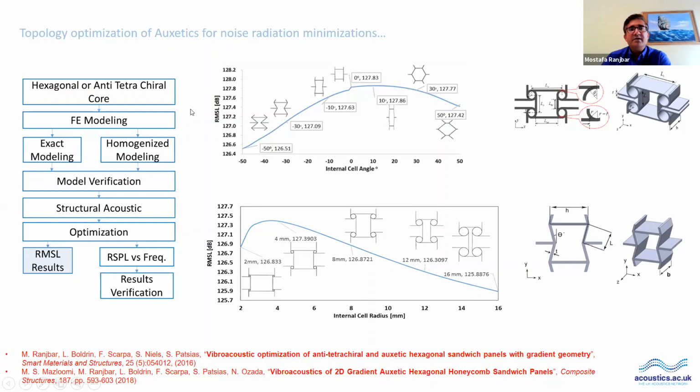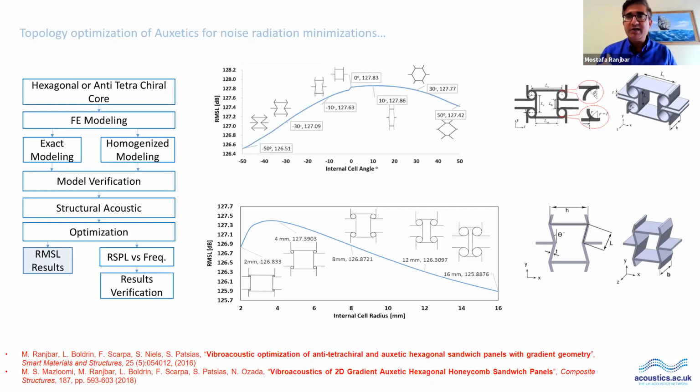So here you should decide which auxetic pattern you want to use. Then, according to your auxetic pattern, whether you are using exact modeling or homogenized modeling. The homogenization here is useful for increasing the convergence speed.